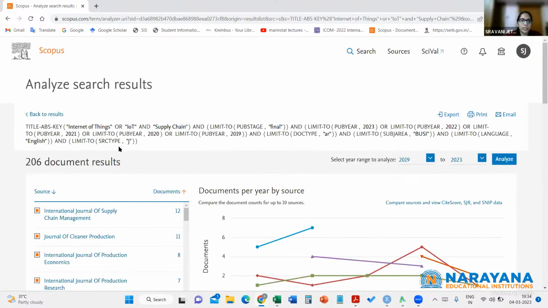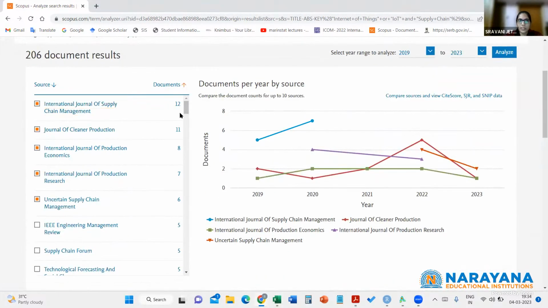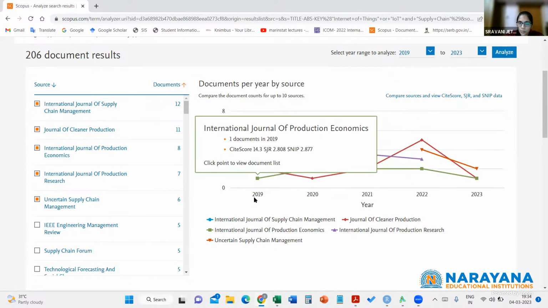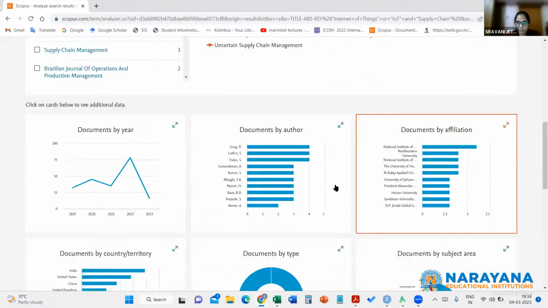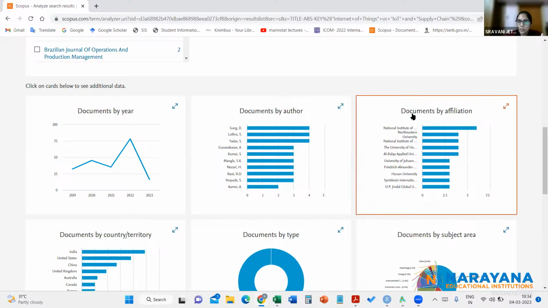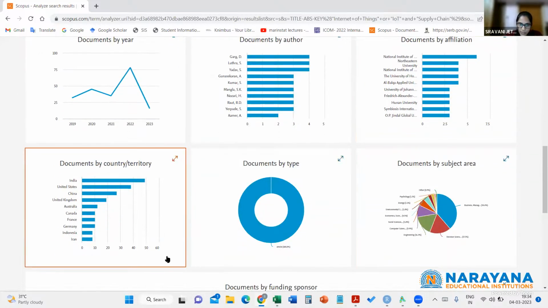Similarly, you can do it for documents per source, like the most articles are published in International Journal of Supply Chain Management. You can see how articles are produced from 2019 to 2023. Similarly, you can get documents by author, document by affiliation, subject area, and country.